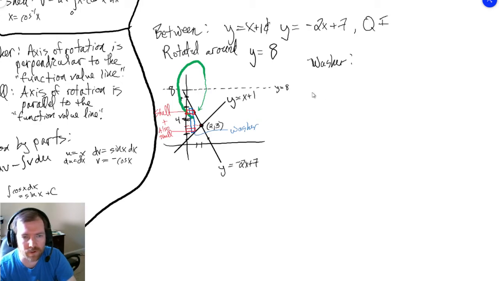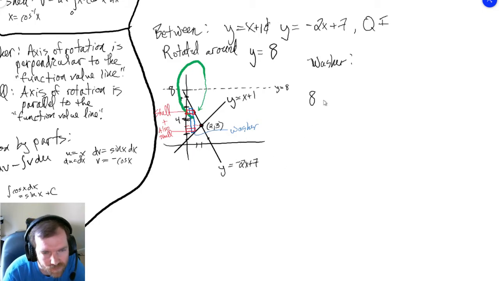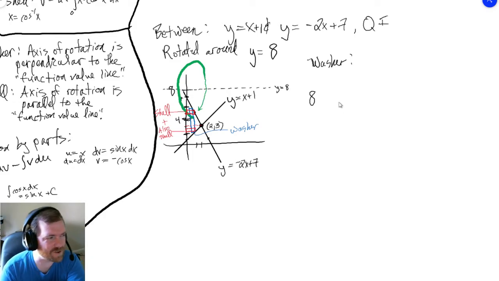So what does that become? Well, that's going to be 8 is the entire thing. And we want to cut out the stuff that is above negative 2x plus 7. So this is going to be, oh man. See, this is why I'm doing first draft.